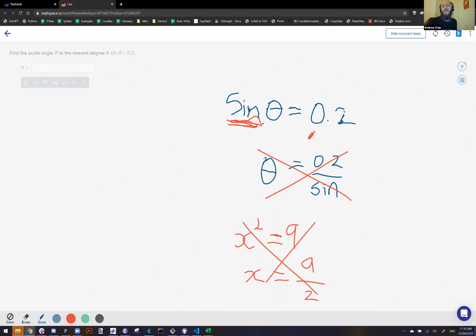Also wrong, because squared isn't a number. This sine here is a function. So we do something similar to dividing, but we have to divide in a function way. And what is it actually asking us first?